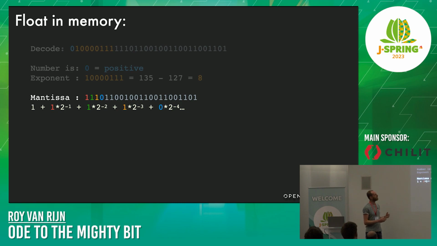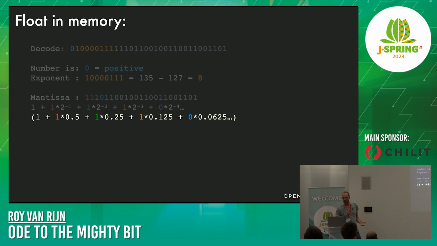And then we have this mantissa bit thing, and it always turns out to be a number between 1 and 2. So we always start with 1. You can forget that. And then the first bit is 2 to the power -1, 2 to the power -2, 2 to the power -3. And given if this bit is 1 or 0, we actually use it.